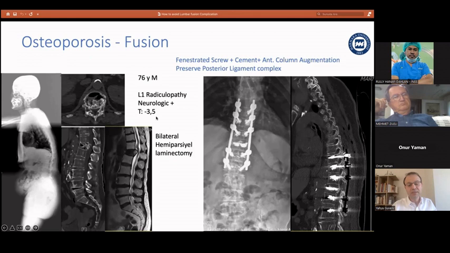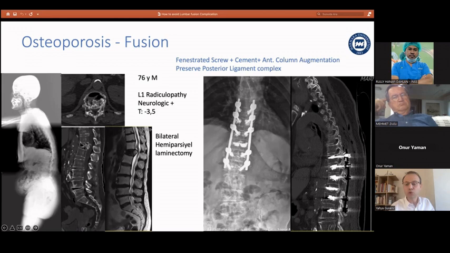Again, an osteoporosis patient, but this is a different form of patient, because the T-score is very high. This means getting fusion is very difficult. In these patients, we are trying to preserve the posterior spinal complex, spinous processes and interspinous ligaments. We try to keep the posterior elements, so we make only a hemilaminectomy in here.